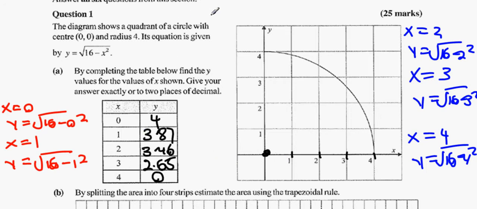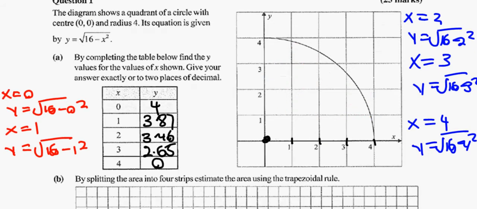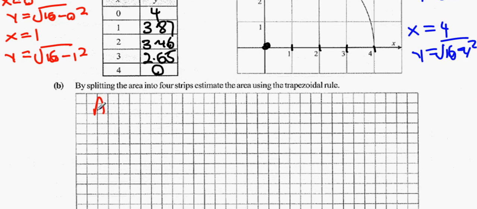Now next order of business, use the trapezoidal rule. The trapezoidal rule is a way of using algebra basically to get the area. If you imagine we're looking for the area of the quarter of the circle, that's what we're going to get next. The area of an object is approximately h over 2, where h is the gap between successive lines, times y1 plus yn.